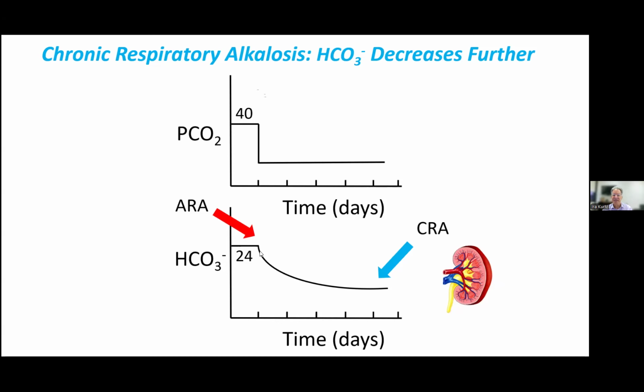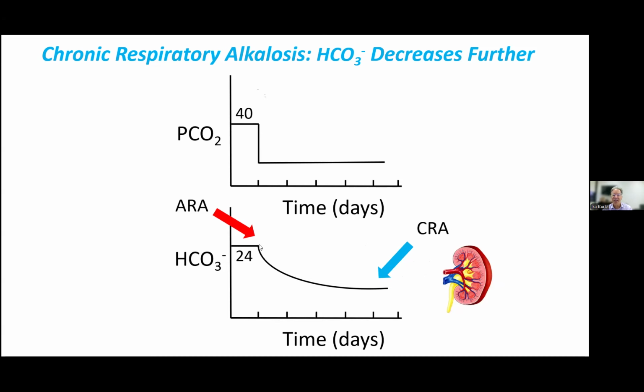Initially, you would get this initial drop, which is small and fast. It's finished in a few minutes. And then bicarbonate would keep falling, and you'd have to wait a number of days until it stopped changing. And when you reach this new steady state lower level, which is depicted by the blue arrow, we call that chronic respiratory alkalosis.